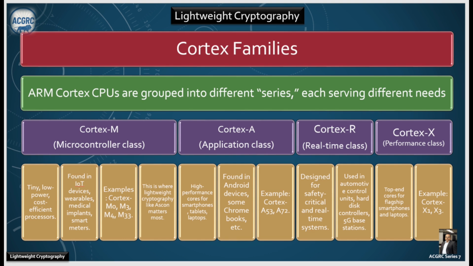It's found in Android devices, some Chromebooks, etc. Cortex-R is designed for safety-critical and real-time systems used in automotive control units, hard disk controllers, 5G base stations. The Cortex-X is the top-end core for flagship smartphones and laptops. High-end phones will have Cortex-X1 or X3 series and so on.